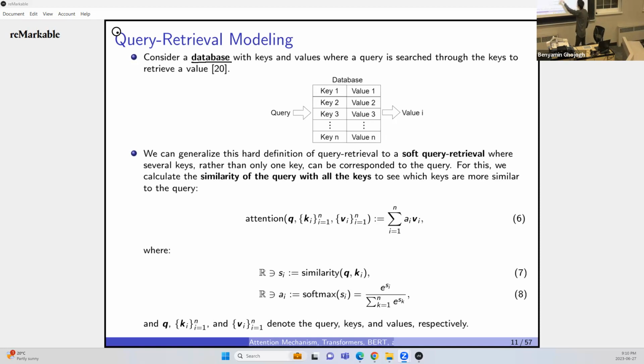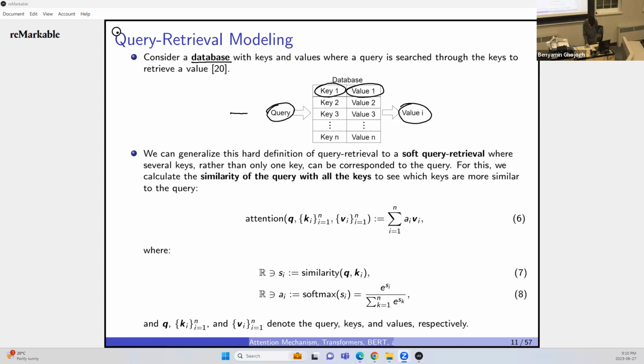So we have some keys, some values, and some query. For the query, we see which key matches it, and we output the value corresponding to that key. This is what a database is doing. They have improved its time complexity, so it doesn't need to search row by row.